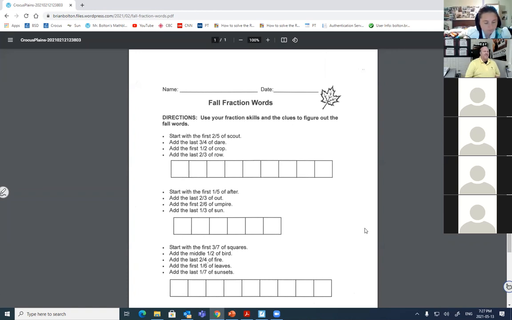It's a neat little activity just to deal with fractions. And if you can make fractions fun for kids, guess what? They'll learn it. If you make fractions boring, they're going to hate it. So try to do this little fraction words activity and see if you get the proper words here. Oh, I need this. No, this.